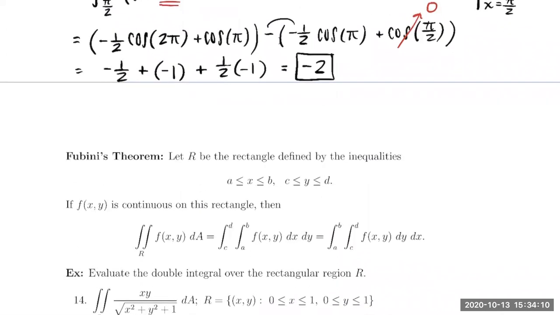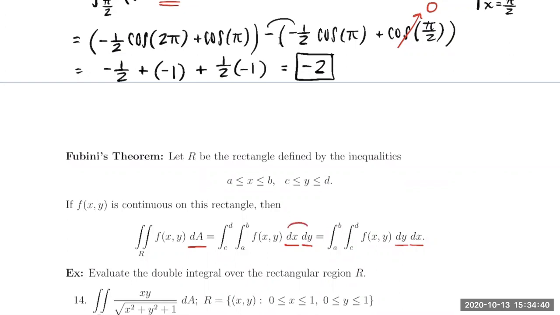So what you'll notice is, first of all, we're finally fleshing out what this dA notation means. dA is representing the differential with respect to the area. Now, since we're working with rectangles, we know that the area of a rectangle is the base times height, right? And so we have the x direction times the y direction, and Fubini says that is the same as the y direction times the x direction.